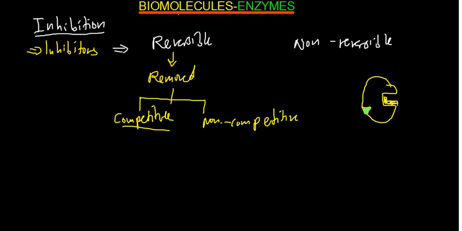The effect is that the normal substrate will no longer be able to fit into the active site. Because of that, the enzyme is not able to carry out its normal function.